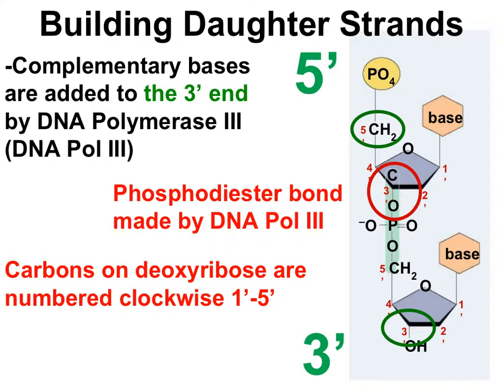On a nucleic acid, one end of the nucleic acid has the 5' carbon pointing out, and the other end of the nucleic acid has the 3' end of the carbon pointing out. DNA polymerase III can only add new bases to the 3' end of a new strand of DNA.